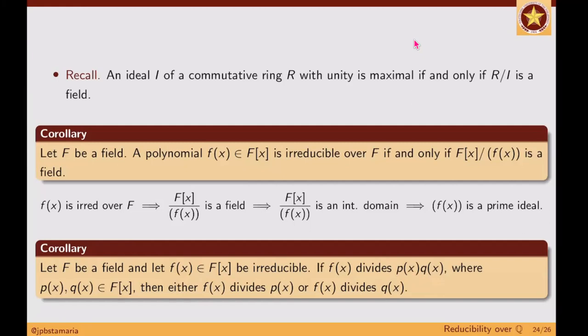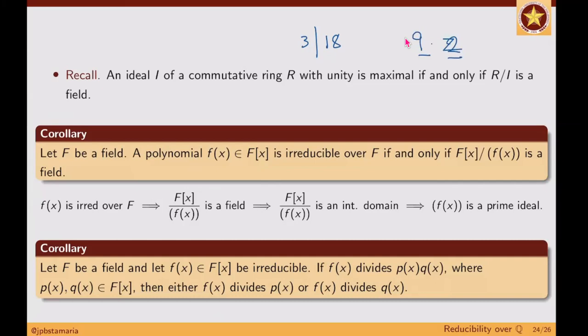Halimbawa, natuklasan mo si 3 dinidivide niya kunwari si 18. Sabi nung pagiging prime ni 3, kapag ifa-factor mo si 18 in any way, let's say 9 times 2, dapat isa dito sa mga factors ang divisible sa 3. Yun ang ibig sabihin natin ng prime.